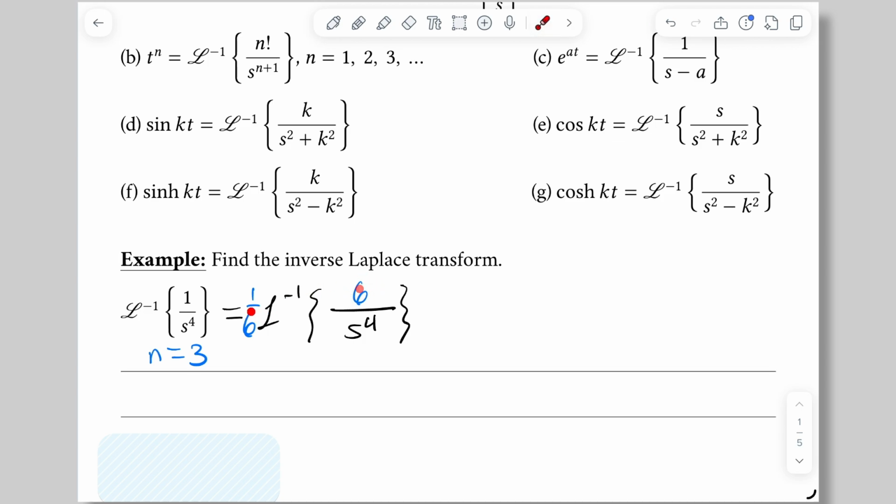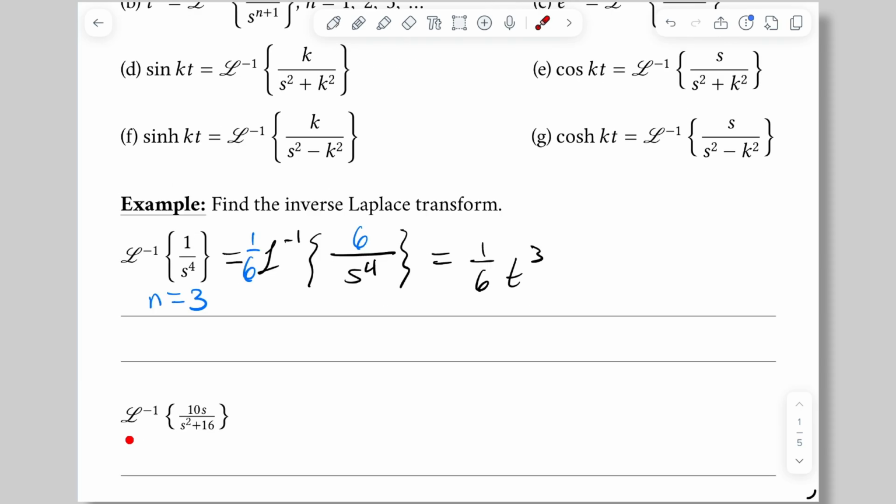We multiply and divide by 6 so that ultimately we're multiplying by 1. And because of the linearity of the inverse transform, I can multiply by 6 inside the brackets and multiply by 1/6 outside the brackets. The bottom line here is that since the inverse transform of n factorial over s to the n plus 1 is t to the n, the answer here is 1/6 t cubed.